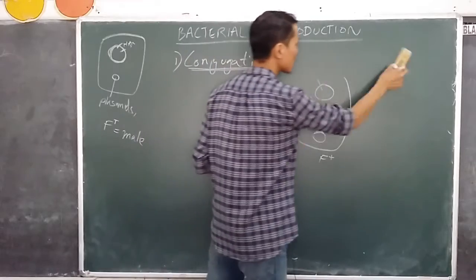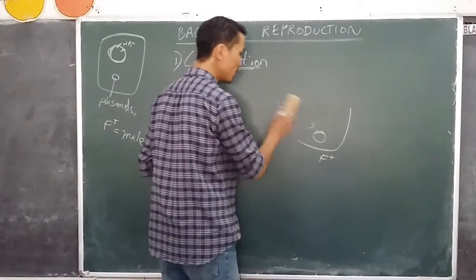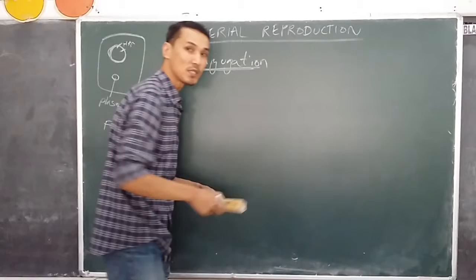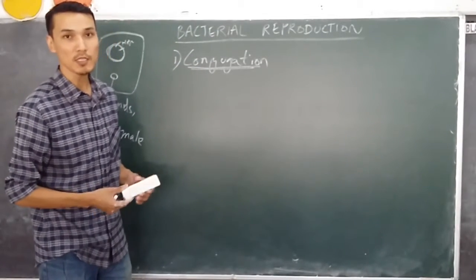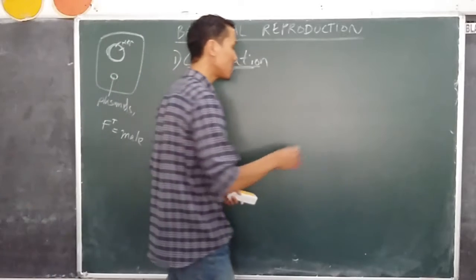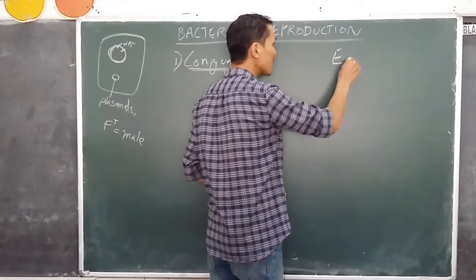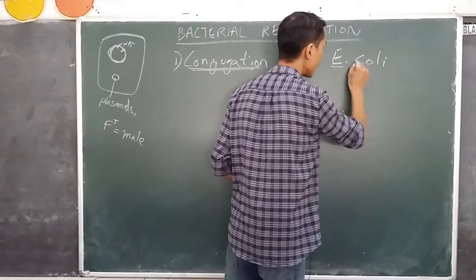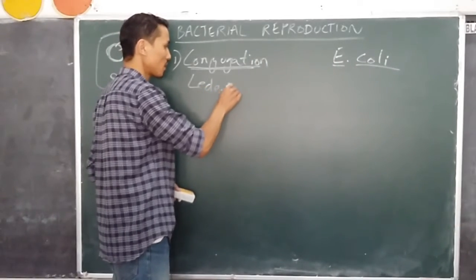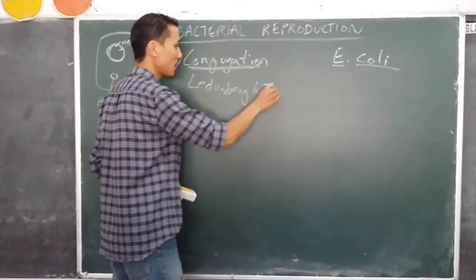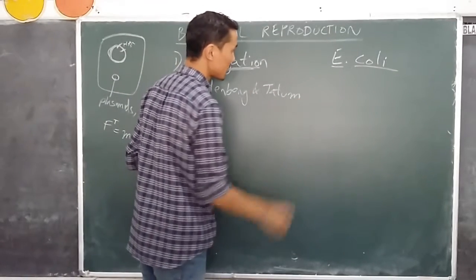Now why conjugation is important is, if you remember in your earlier chapter when we were discussing DNA as a genetic material, there were many such experiments like transformation. So in order to understand this, conjugation was discovered by Lederberg and Tatum.